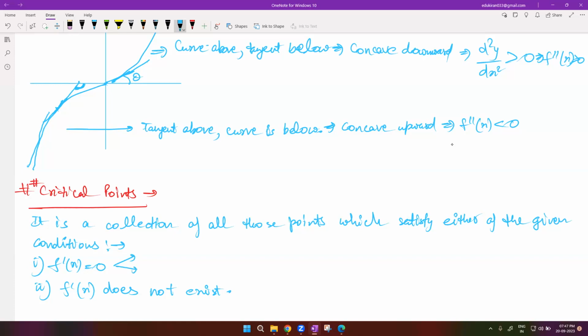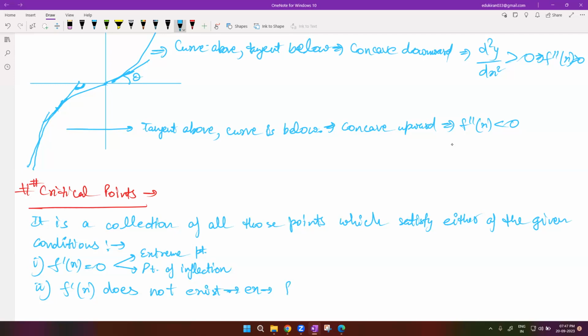If f dash x is 0, then either this point can be an extreme point, or this point can be a point of inflection, which you have already seen, right? Extreme point and also point of inflection. Now, the second condition is f dash x does not exist. Now, I'll show you an example.